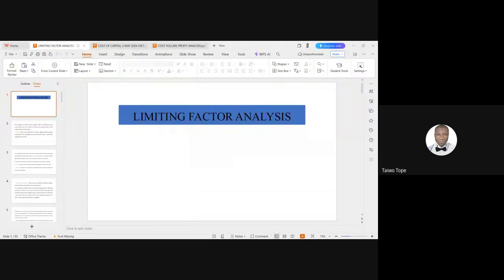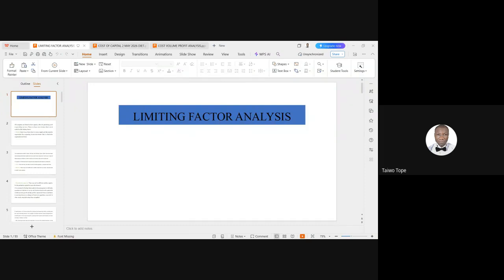So you do that based on ranking. The objective of limiting factor analysis is to allocate scarce resources to the product that generates the highest contribution per unit of the limiting factor. Why are we allocating these resources in that way? It is to maximize total contribution.